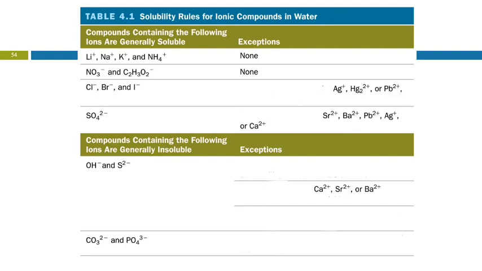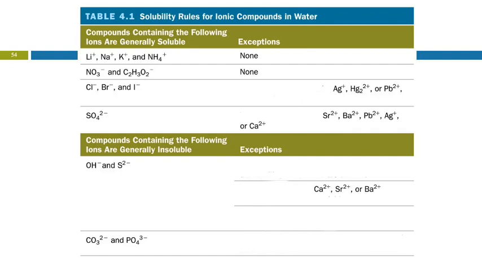So you're going to need to predict whether things are soluble or not. So I would encourage you to have a short list like this, maybe on an index card. Let's see, I'm going to take a screenshot of this too. Okay.